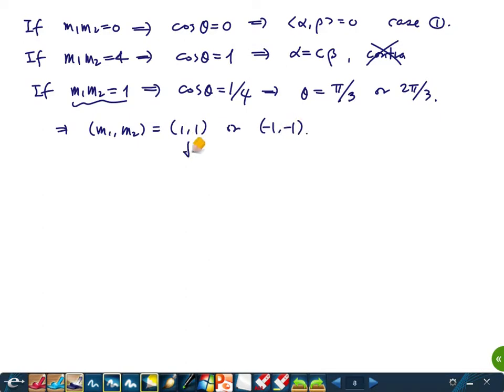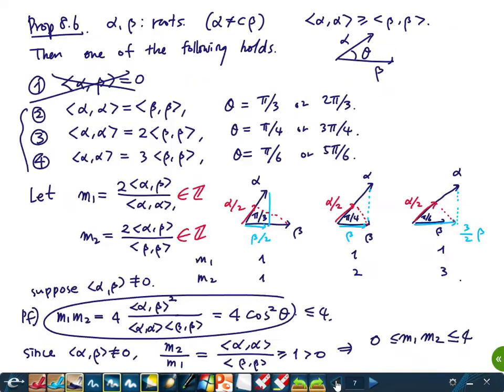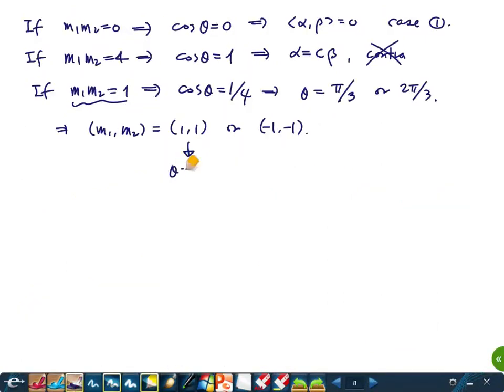But in this case, what does that mean? m1 m2 is positive. That means the inner product between alpha and beta is positive. That means their angle is an acute angle. So in this case, theta is pi over 3. In this case, theta is 2 pi over 3.